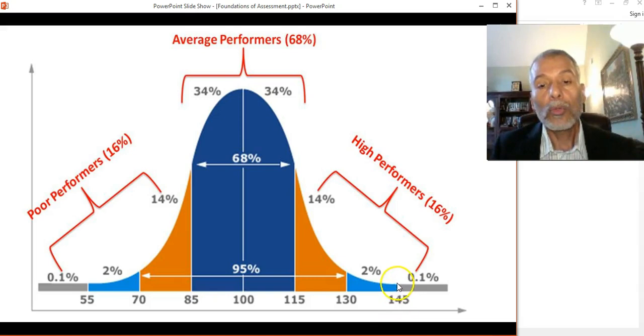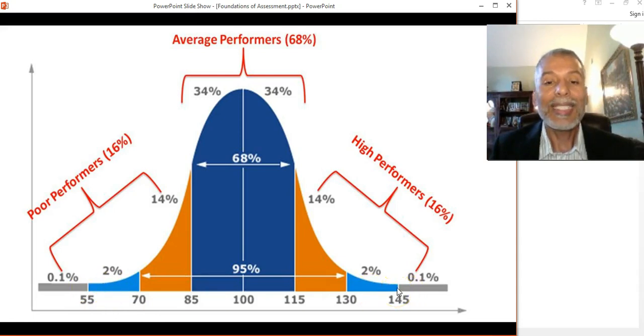You are going to go to 145, 130 plus 15. So that is the top 2% of the population. And you go another 2% below 70, then you get between 55 and 145.